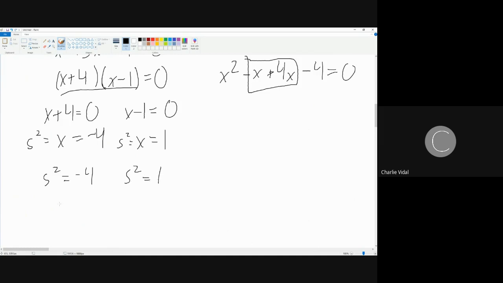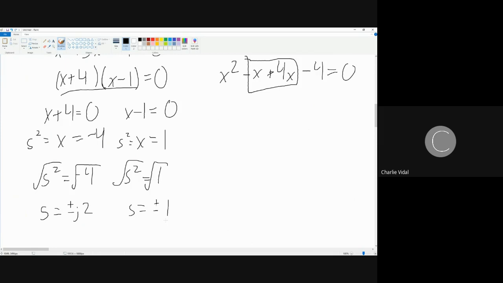Okay, and now we just solve out for it. Take the square root on both sides. And then you get s is equal to plus or minus j2, and this is s is equal to plus or minus 1. Very simple.